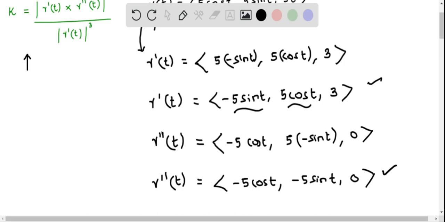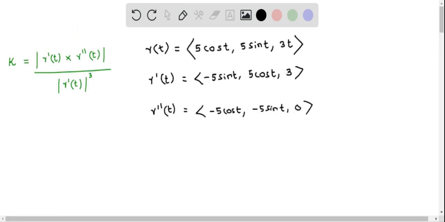So we have found the two derivatives, r prime of t as well as r double prime of t. Since we have determined these, we can find the cross product of r prime of t with r double prime of t. So let's do this. The cross product is given by the determinant.